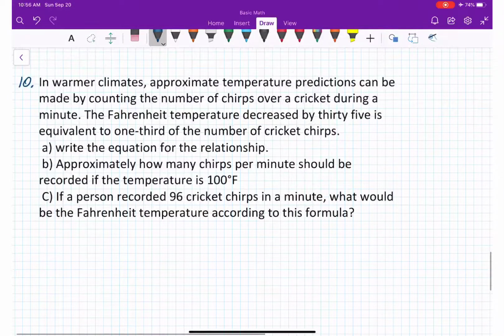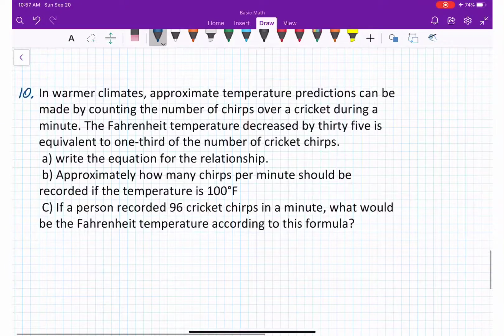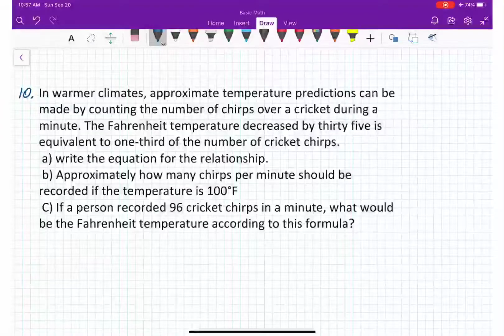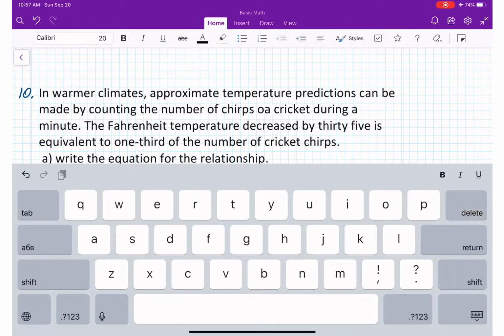Let's solve it. In warmer climates, approximate temperature prediction can be made by counting the number of chirps of a cricket during a minute.